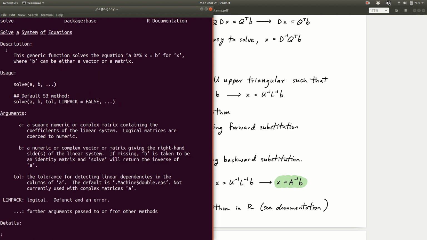All right, so solve is a function that allows you to solve a system of equations. This generic function solves the equation AX equals B for X, where B can be either a vector or a matrix.